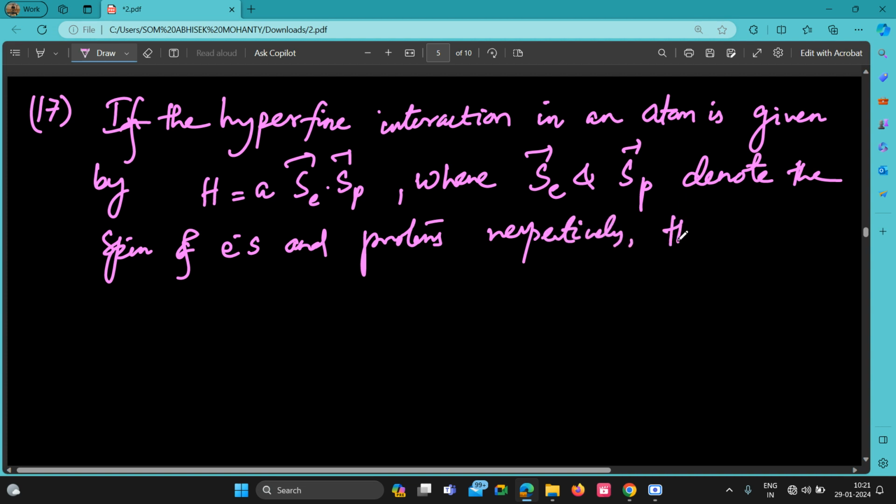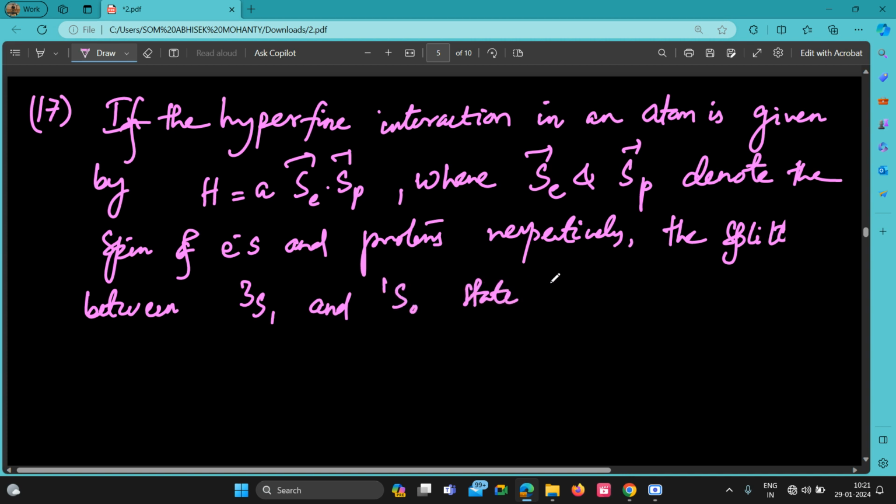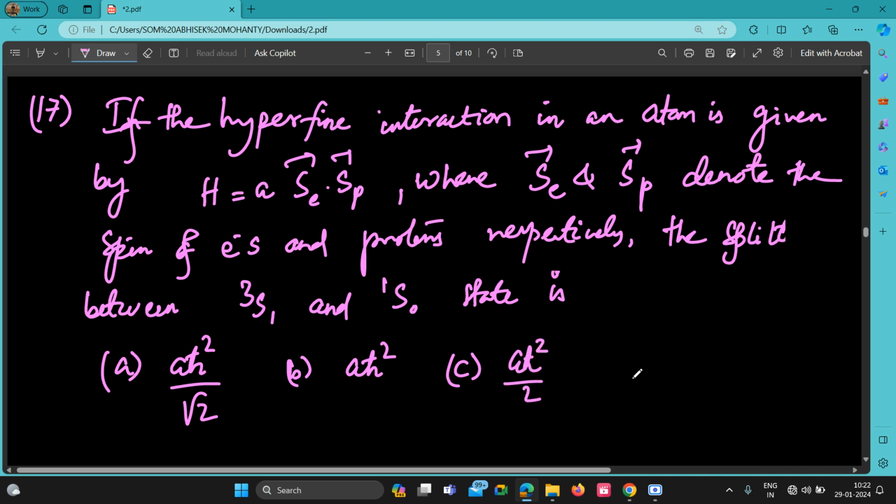The splitting between the 3S1 and 1S0 state is? Options: A, A h cut square by root 2; B, A h cut square; C, A h cut square by 2; D, 2 A h cut square.